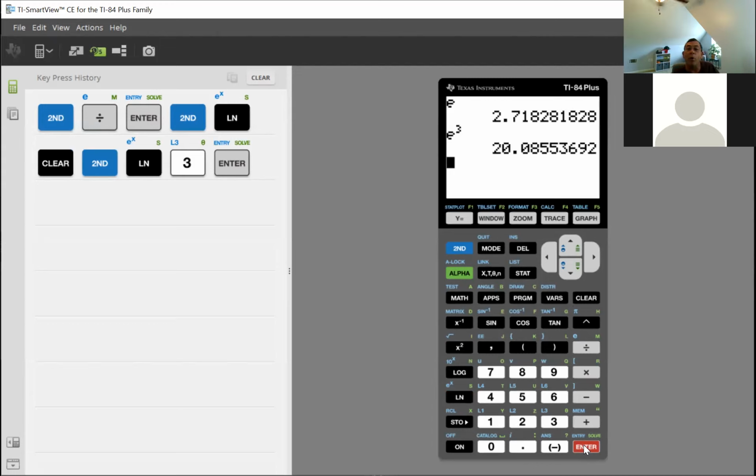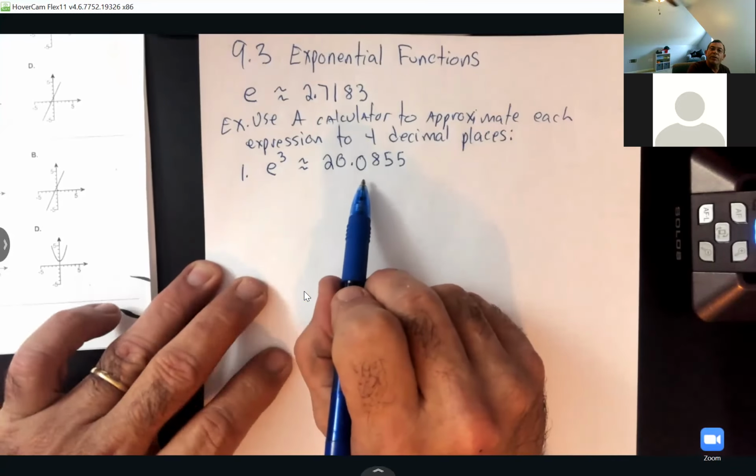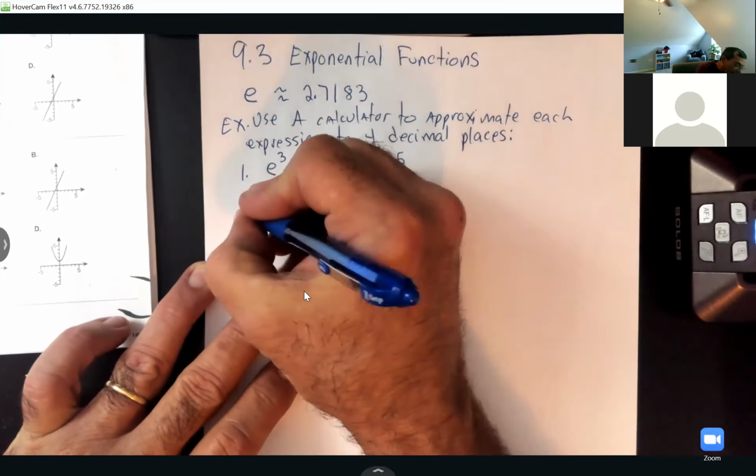That's going to be 20.085. The next place is a 5. Since there's a 3 behind it, I would leave that as a 5 for my 4th decimal place, so that is now rounded off to 20.0855.